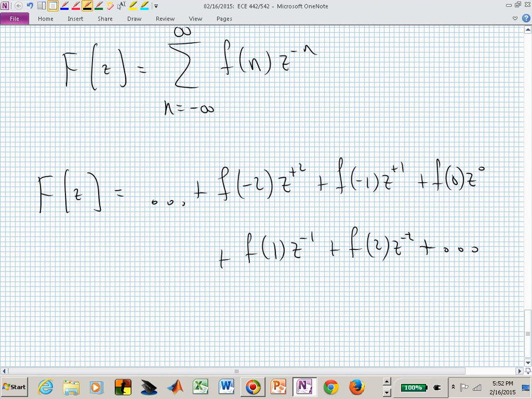What about f of minus 1? F of minus 3? They all have positive exponents with z, and if I let z go off to infinity, those are going to produce an infinite sum, and that's not going to be a bounded value for capital F of z for all these z's in the region of convergence.